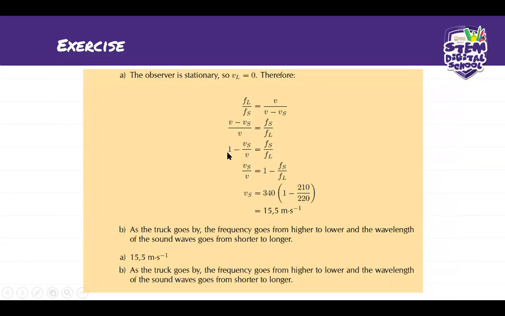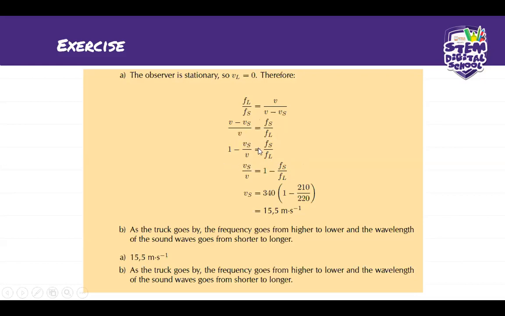And from there, basically, we're going to swap these two, right? Because we're looking for this, we need to move everything to the other side.